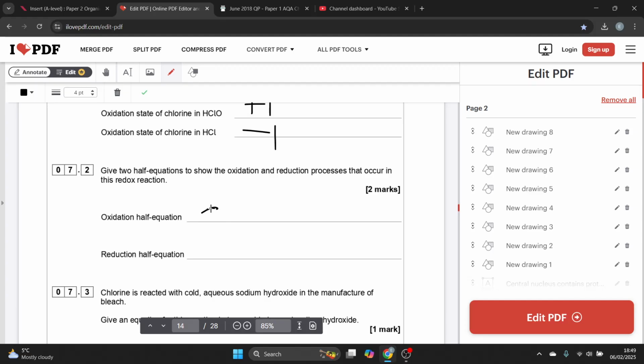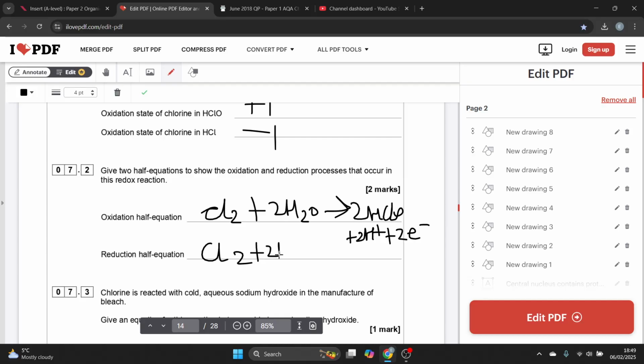So I've got the oxidation: Cl2 plus 2H2O gives 2HClO plus 2H+ plus 2e minus. The reduction half equation: Cl2 plus 2H+ plus 2e minus gives 2HCl.